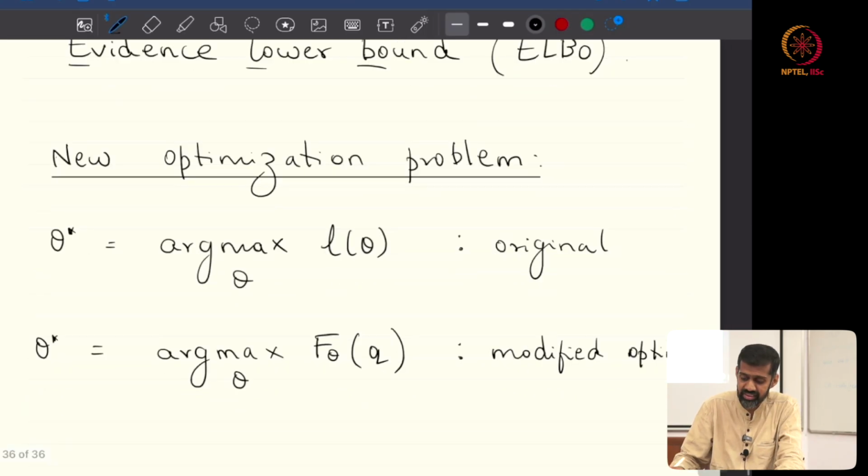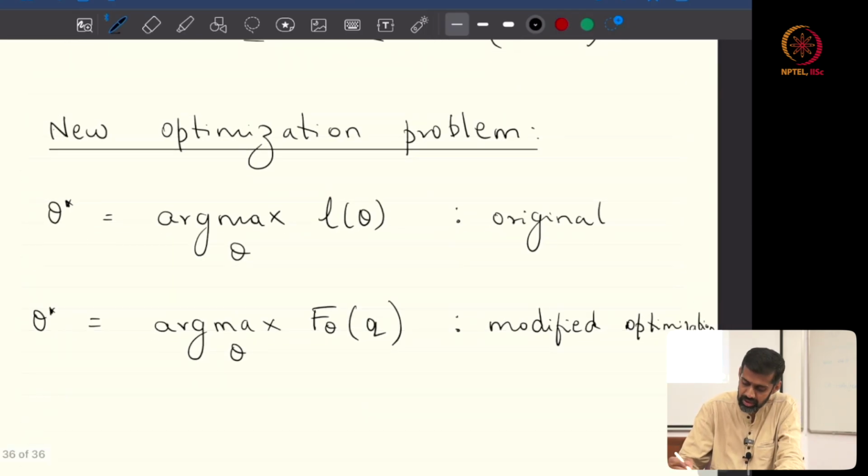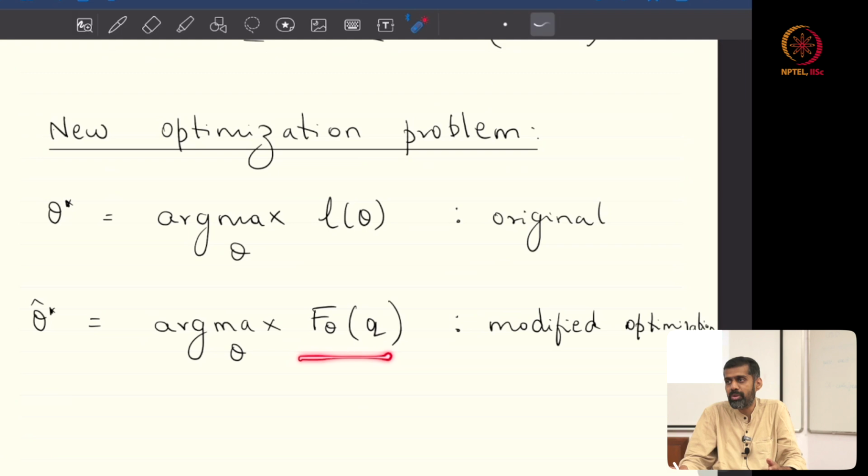Now the question is, while our objective is to maximize the likelihood, why are we maximizing the lower bound instead? Not necessarily. We are constructing a lower bound, not an upper bound.